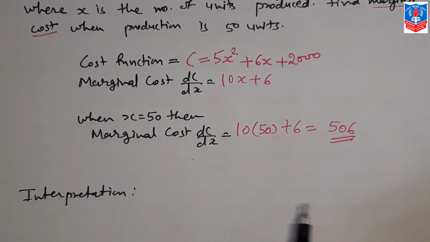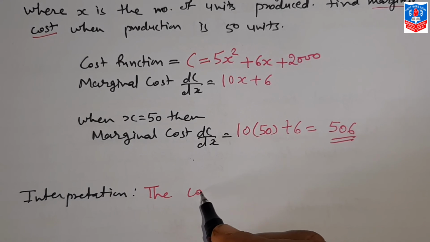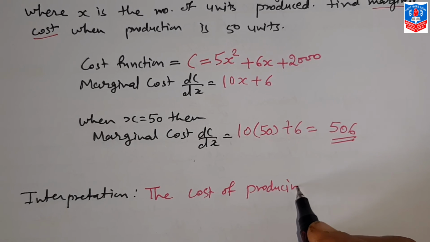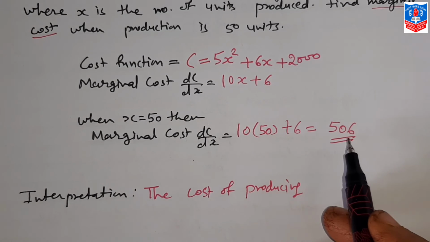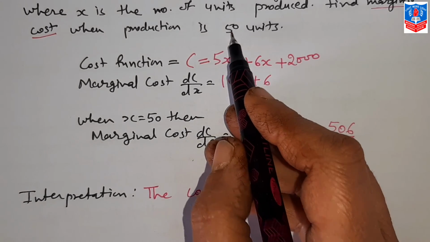506. So here in interpretation, see, 50 units are produced, because here the value of x is 50.